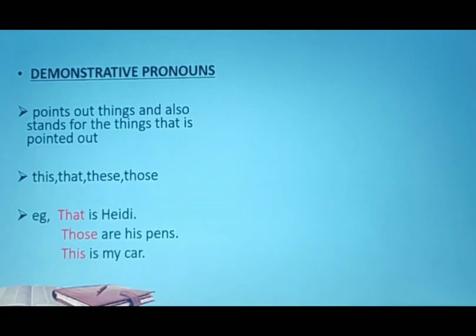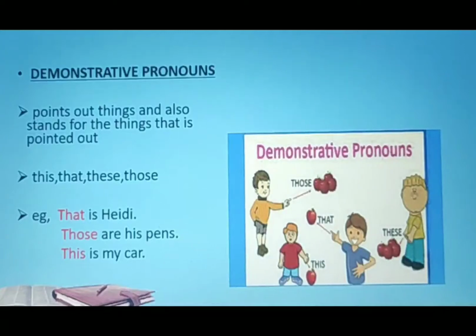Let's look at the next kind of pronoun, demonstrative pronouns. Demonstrative pronouns point out things and also stand for the things that are pointed out. It includes this, that, these, those, etc. Example, if you look at the picture, that is an apple.